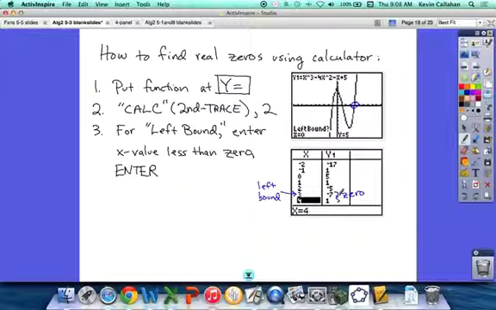The y value is negative there, it's positive there. That means it had to have crossed the x-axis somewhere in the middle. So go ahead and use 3 for your left bound, and 4 for the right bound. Okay? What's the answer on that one? 3.930.